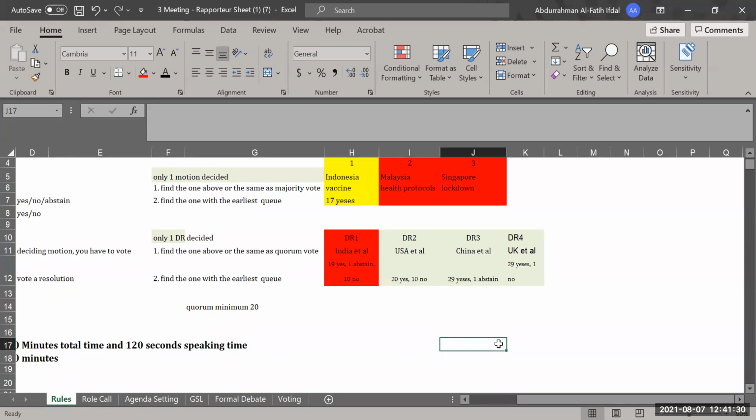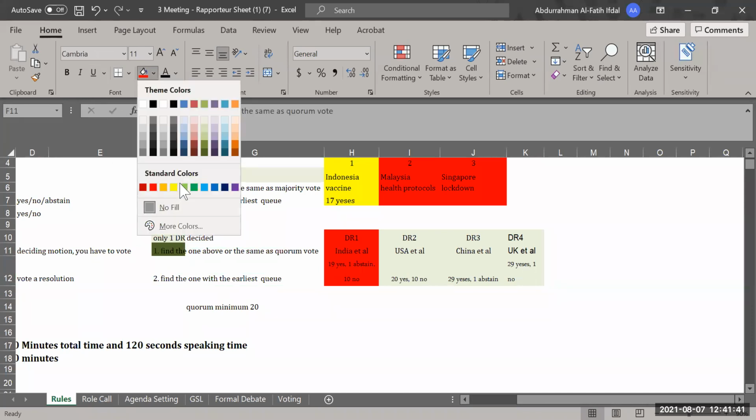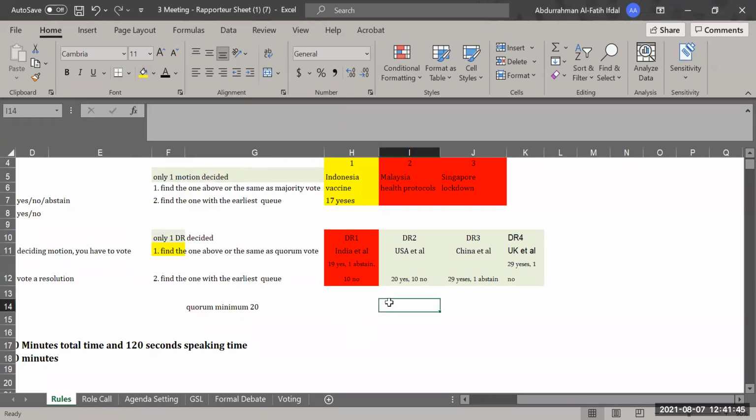Now let's see DR2 from USA. USA gets 20 yeses, which is the same as the quorum vote, so it fulfills the first requirement. But does USA fulfill the second requirement, the earliest queue? Looking at the list, the first queue is India, DR1.